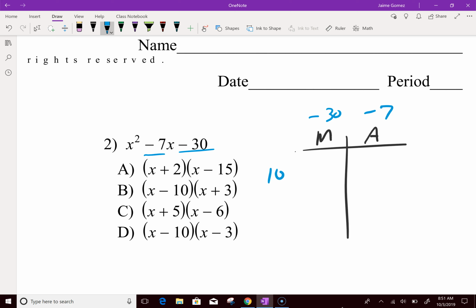Something with 10 and 3. 10 and 3, which one has to be negative? There we go. Negative 10 times 3 is negative 30, and negative 10 plus 3 gives me a negative 7. So it's negative 10 and a positive 3. On the test, number 2 is b squared minus 5b minus 36.